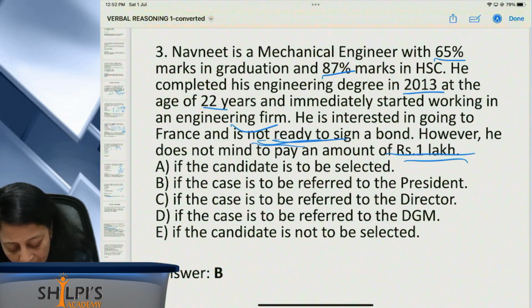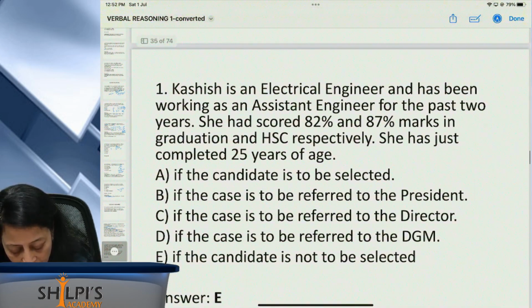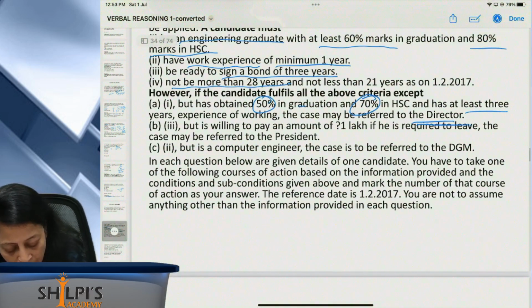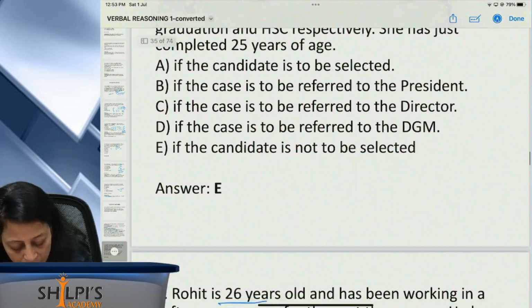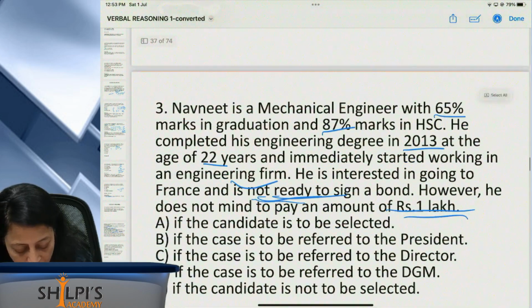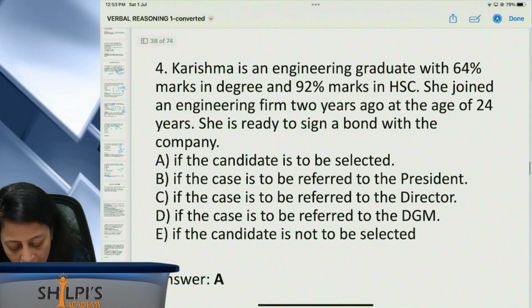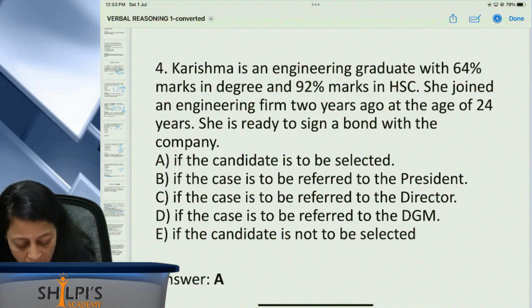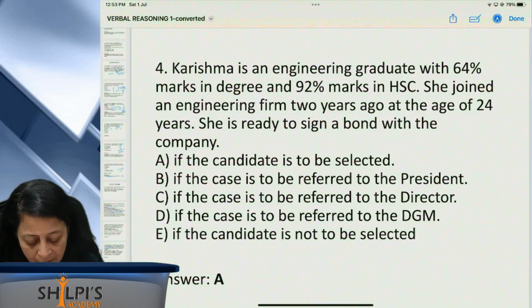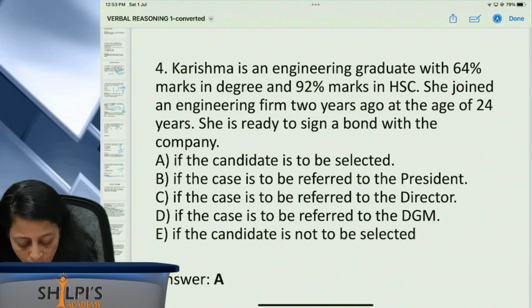So, that being the case, to whom do you have to revert? It has to go to the president. Okay, because he is not ready to sign a bond but will give the 1 lakh. So, the answer will be B, refer to the president.